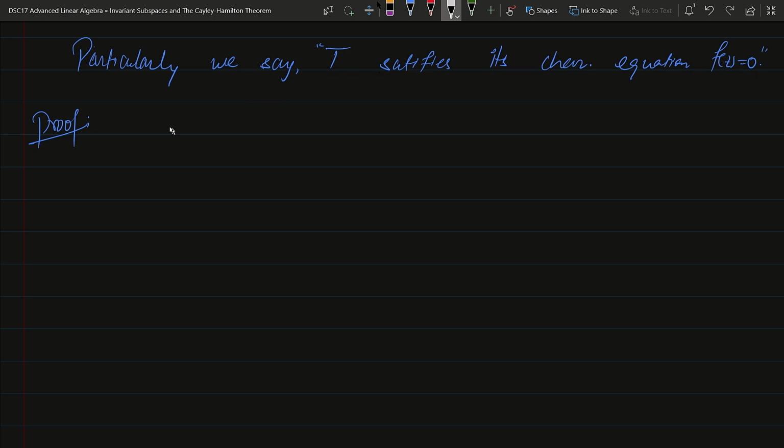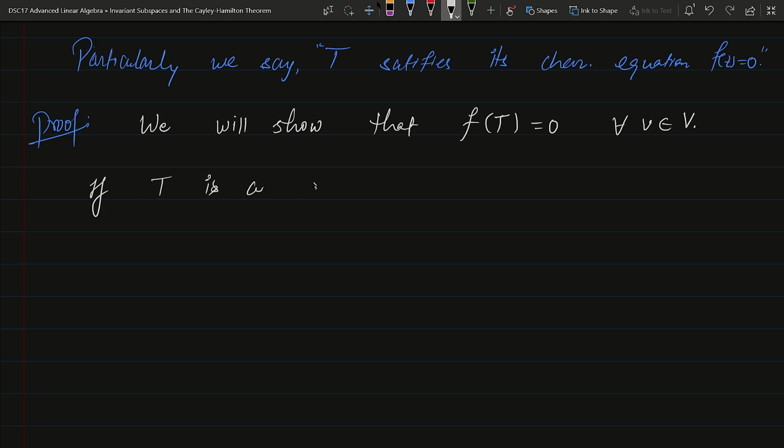So let us show we will show that f of uppercase T of v is equal to 0 for all v in V. ठीक है, now if T is a linear operator on V, then so is f of T. अगर T लीनियर ऑपरेटर है तो उसका अगर हम इसके लिए कोई भी पॉलिनोमियल अप्लाई करेंगे, T का हर एक पॉलिनोमियल भी एक लीनियर ऑपरेटर ही होता है.